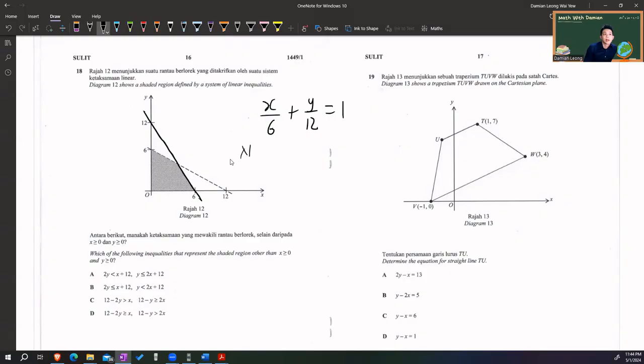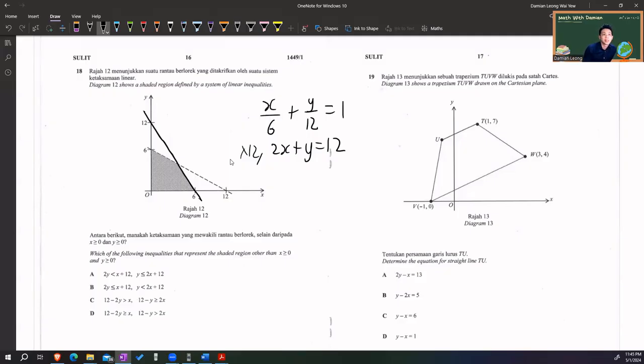Here a fraction, I times 12, and 2x plus y equals 12. So I compare, it's not in any of these forms.